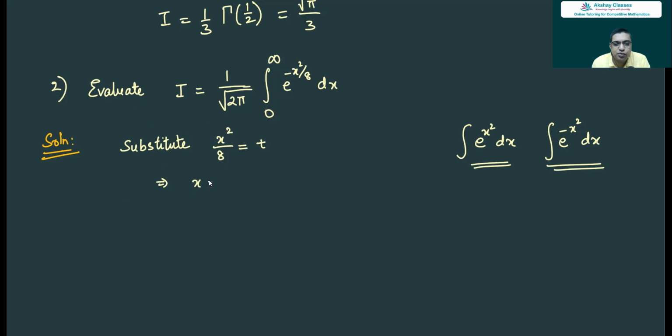X will be under root 8 times root t, that is 2 root 2 times root t. So dx will be 2 root 2 into derivative of under root t, which is 1 upon 2 under root t, dt. So we have dx as root 2 upon root t dt.